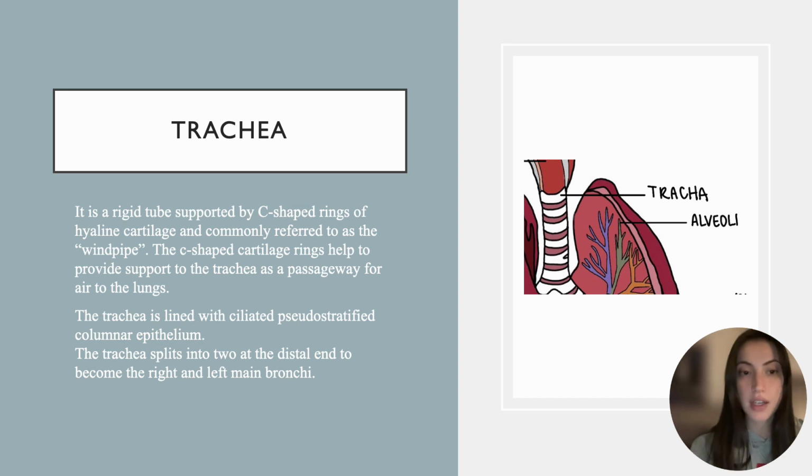The trachea is lined with ciliated pseudostratified columnar epithelium, and the trachea splits into two at the distal end to become the right and left main bronchi, because we have a left and a right lung, so the trachea will need to be able to split to bring air to both lungs.